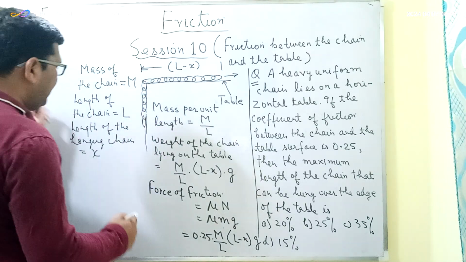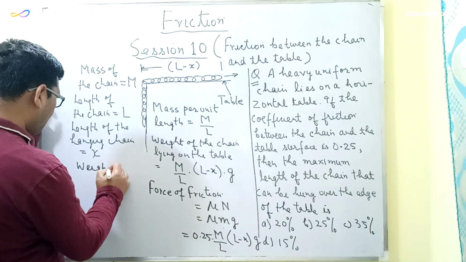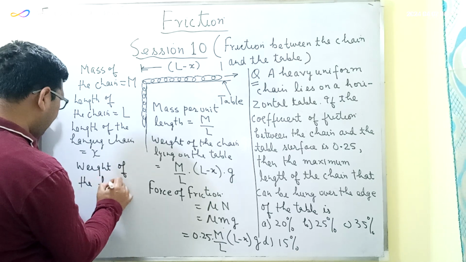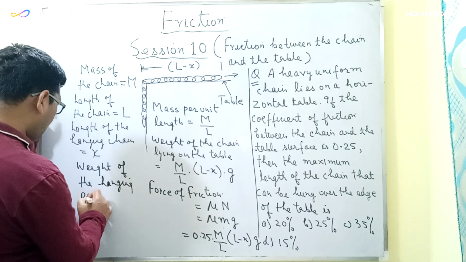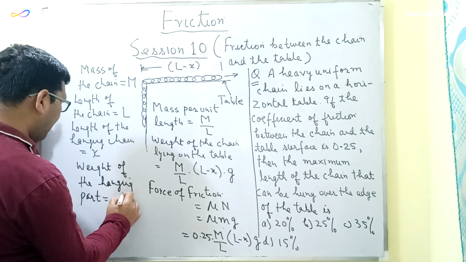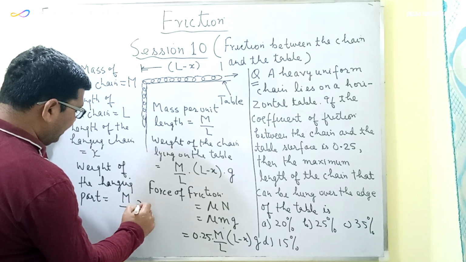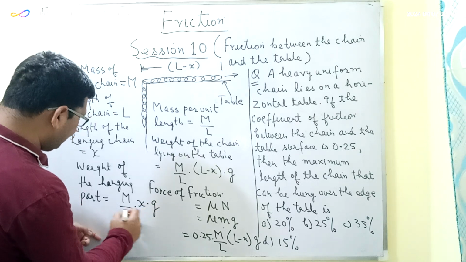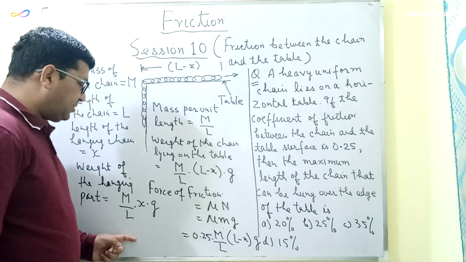Now the weight of the hanging part of the chain will be equal to mass per unit length into the length of that hanging part of the chain into g. So this is another equation which I have got. So I have got these two equations.